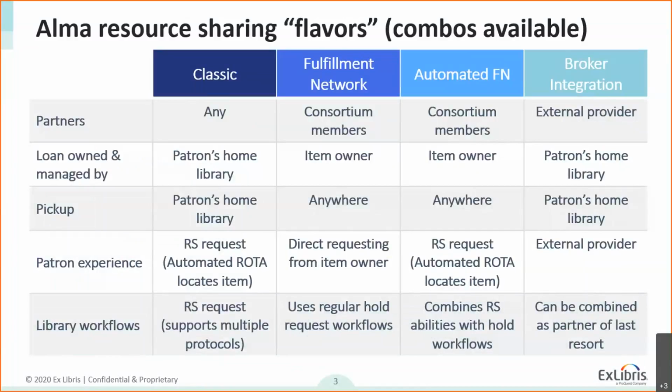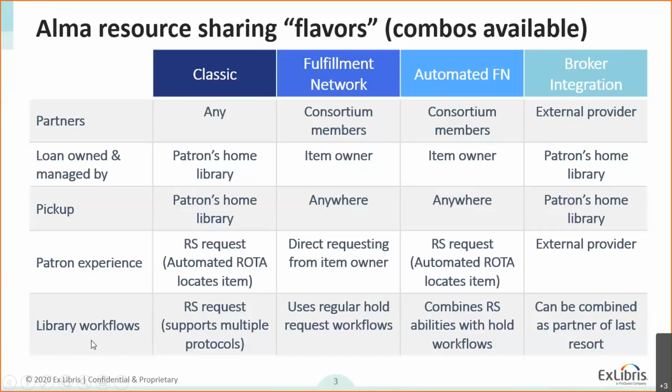And we have the fulfillment network and the automated fulfillment network where your patron can reach out directly to your partners and pick up the items anywhere, maybe directly from your partners. And it's a more tight-knit cooperation. And we have the broker integration, where you have a third-party broker that manages your partners and finds the lenders for you. And that all happens outside of Alma.